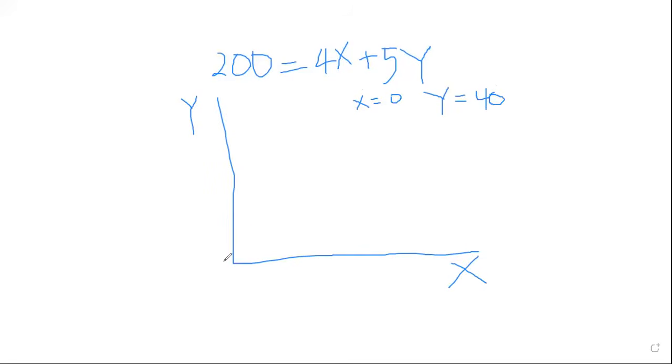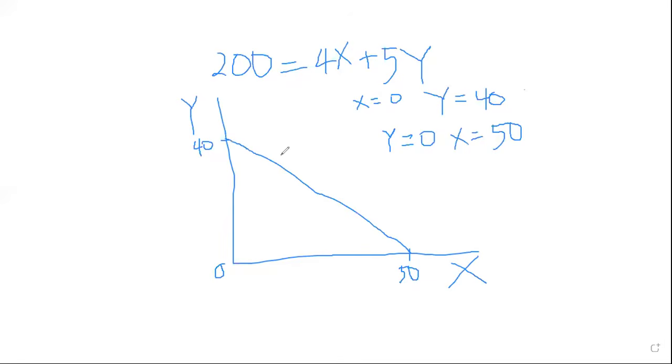So if the consumer does not consume any of X, then it is going to consume 40 units of Y. The same way, if Y is 0, then X is going to be 50. So you locate 50 here, join the two points, and this is the budget line.